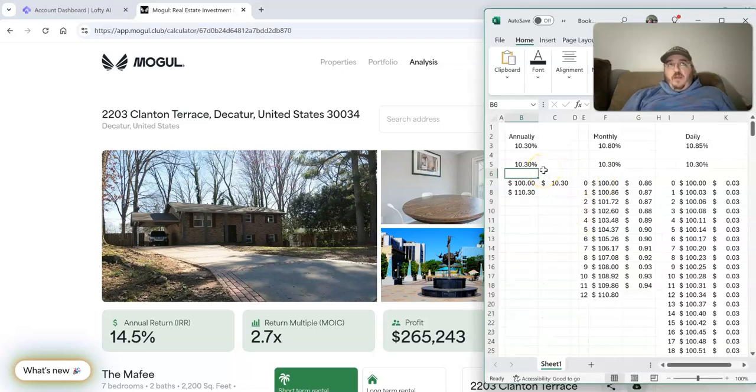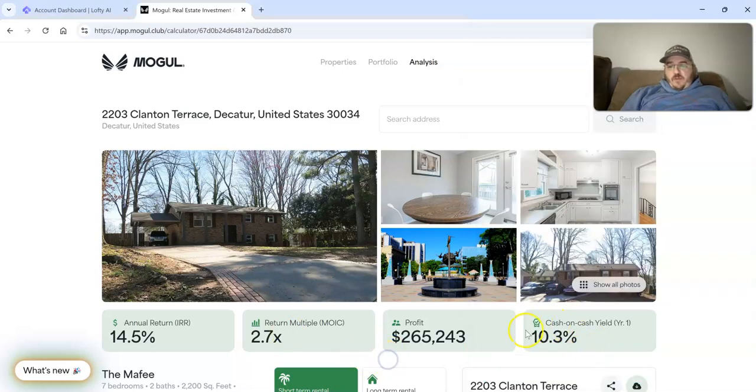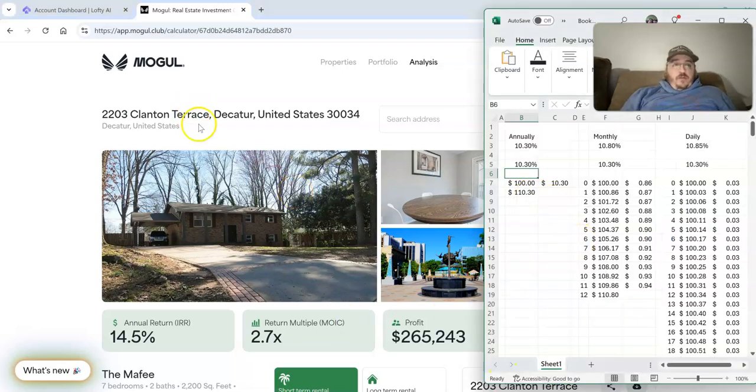So what does compounding mean? I'm using 10.3% here because that happens to be the cash on cash return on one particular property I had up on Mogul. If I was getting a 10.3% cash on cash return, but it wasn't compounded, just annual, that would mean if I put $100 in, at the end of the year I'd have $10.30 in interest.